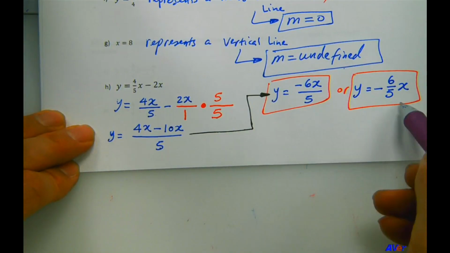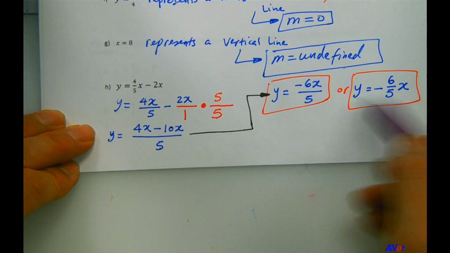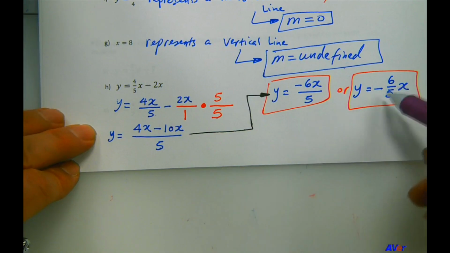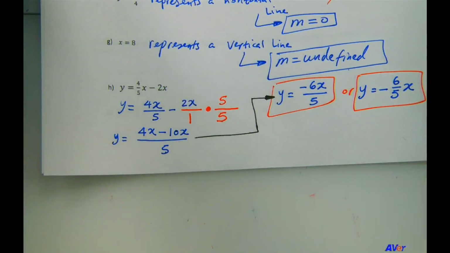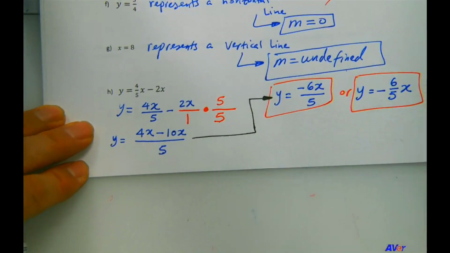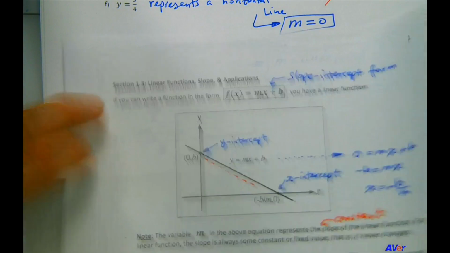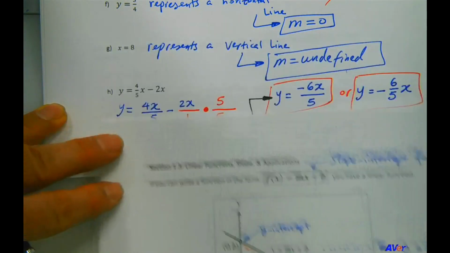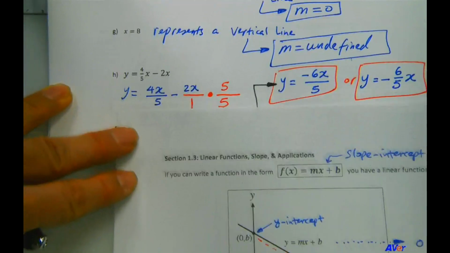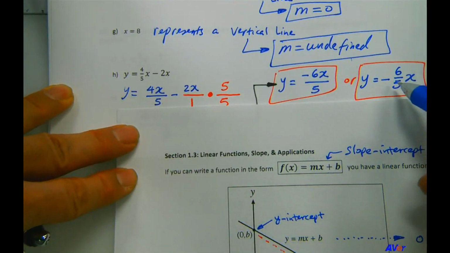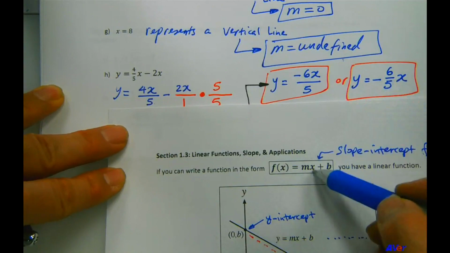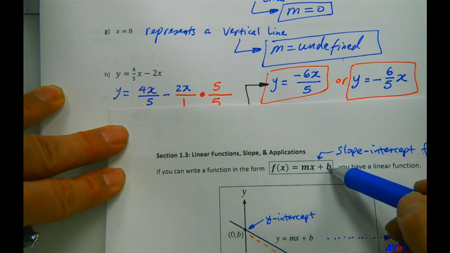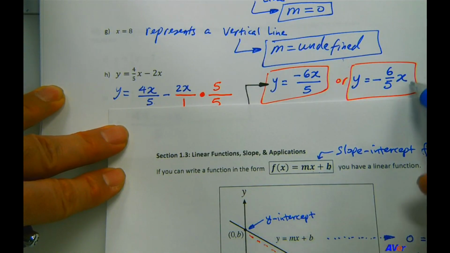So what is the slope of this equation? It is minus 6 over 5. Remember this form that we talked about on the first page? Let me bring it up. Remember this form, slope-intercept form? That equation is being written in this form. But the b, or the y-intercept, is 0. That's why you don't see it.